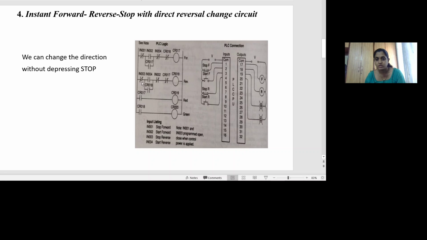Once this opens, there is no connection between the two rails. Therefore, the reverse drive will be de-energized, and thereby your motor stops running. When this is de-energized, the CR18 contact will be open and the green light will be turned off.